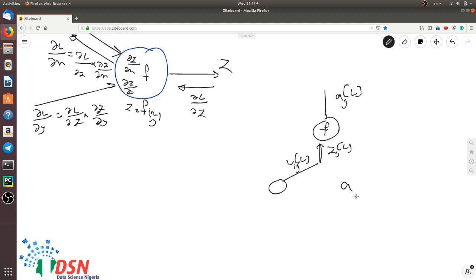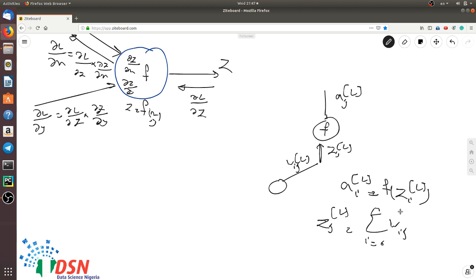So we could write aj of L as the activation function applied to zj of layer L, which is the sum of wij times ai of the previous layer.